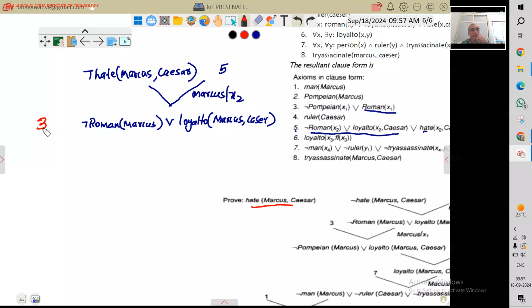What is our third clause? We have negation Pompeian of x1 or Roman of x1. So with these two, we try to do the resolution.